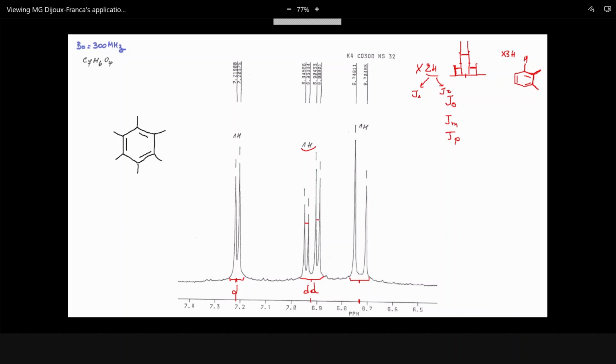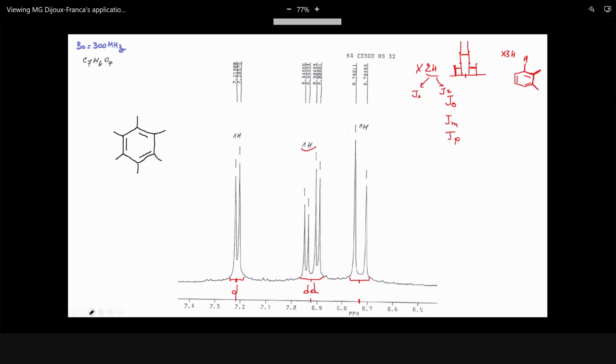I can measure the same here, and I have a bigger one that I can measure between these two lines or between these two lines. I have only two different coupling constants. So this cannot be a quartet, but it's a double doublet.